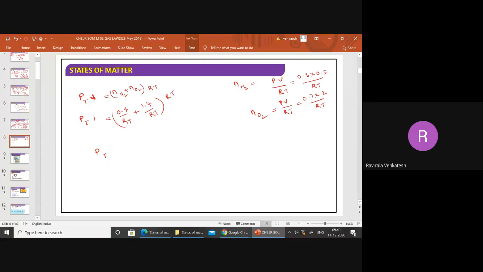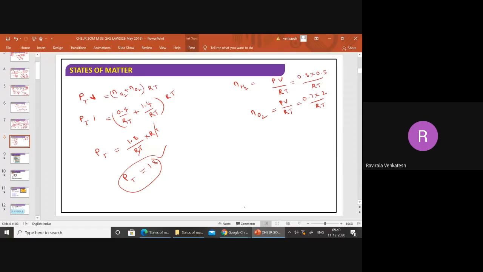So P total is equal to, when you add 0.4 and 1.4, we get 1.8 by RT into RT. So RT also will get cancelled here. Now the P total will be how much here? 1.8. So this will be the answer.